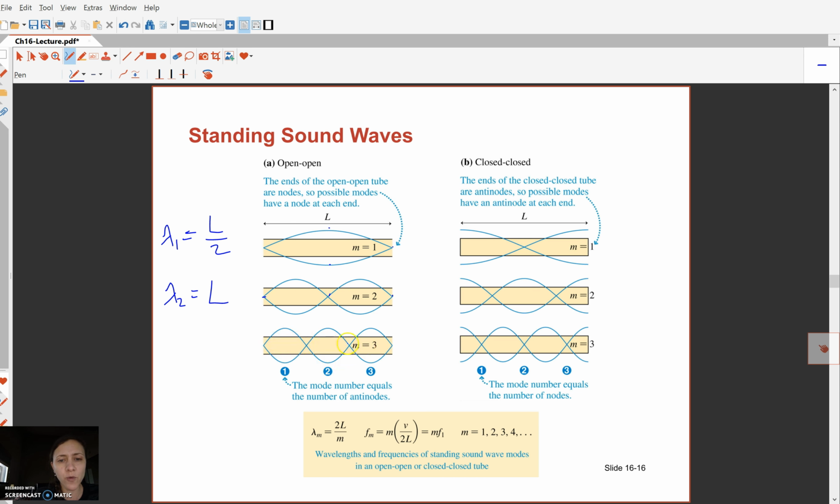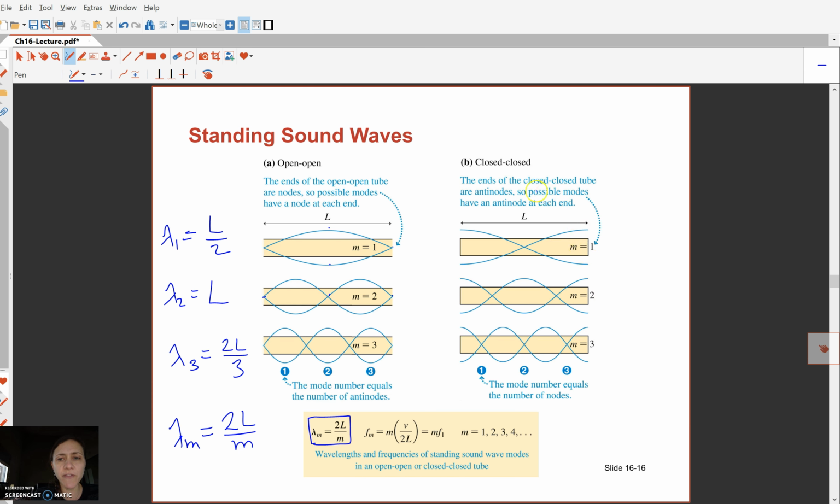Here I have one full wavelength plus another half, which means lambda 3 is equal to 2/3 of L. So this is 2L/3. Now I can generalize this, in the form that's actually written right there. Lambda m, where m is the mode number, is equal to 2L over the mode number m. Okay, that's what we see right here.